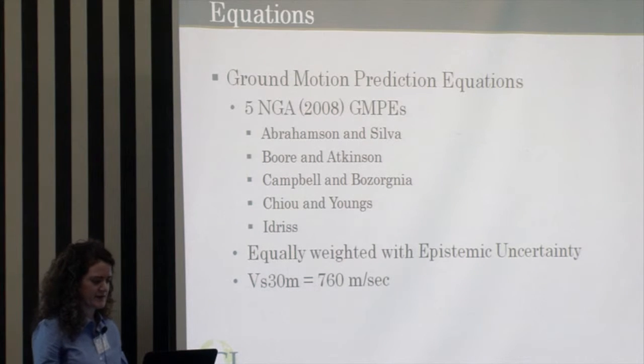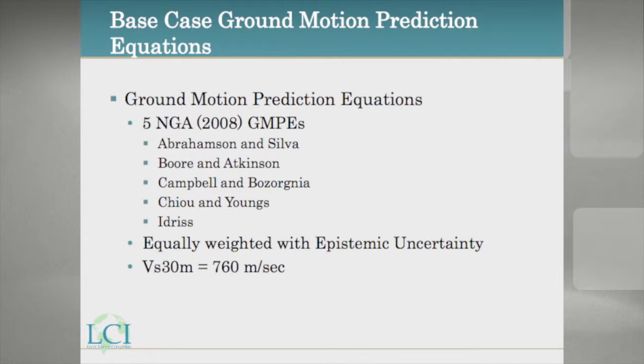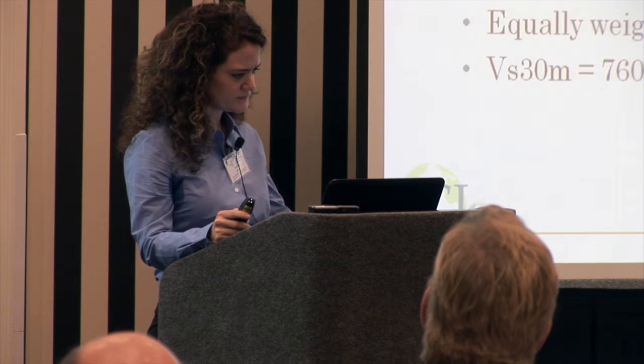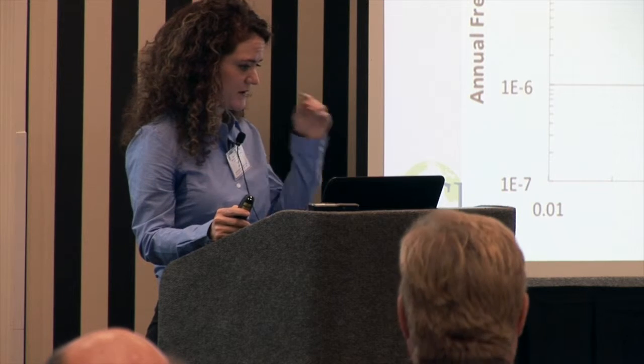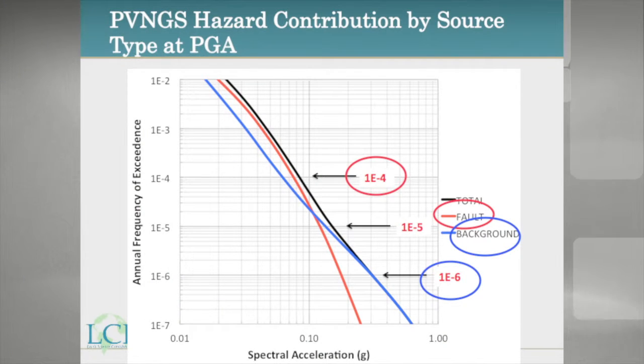For the base case ground motion prediction equations, we have the 5 NGA models, which have already been talked about. They're also equally weighted, and with the site condition of 760 meters per second. So to begin with, here is the hazard contribution by source type for PGA.